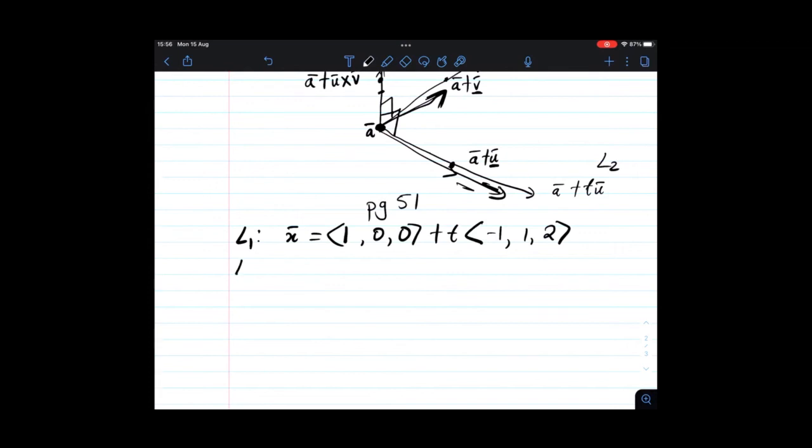And then for L2, I do the same. And then I've got (3, -2, -4) plus s times, or t, whichever parameter you would have used. So this will be the line.